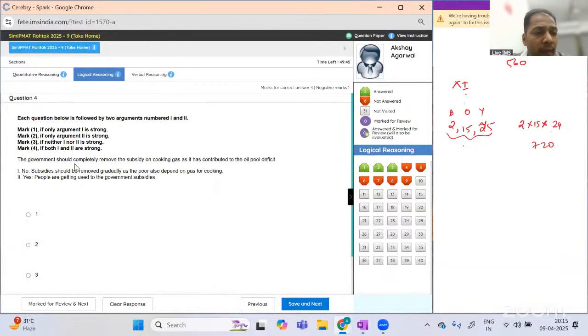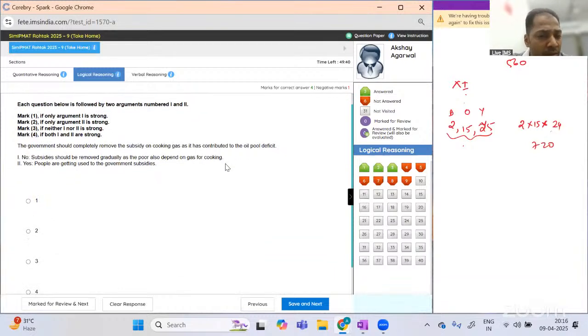Let's move on. The government should completely remove subsidy on cooking gas as it has contributed to the oil pool deficit. No, subsidy should be removed gradually as the poor also depend on gas for cooking. Yes, people are getting used to government subsidies. But why was the subsidy there?